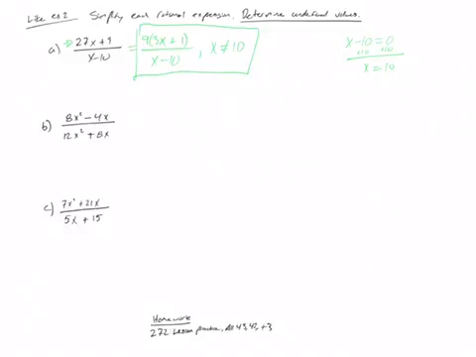Okay, let's try the same thing here on part B. Again, I'm going to see what I can factor out of both terms there on the top. Well, I see that I can factor out a 4 and an x from both of those on top. So it's going to be a 2x left over, and then minus 1. On the denominator, I see that I could factor out a 4 and an x.